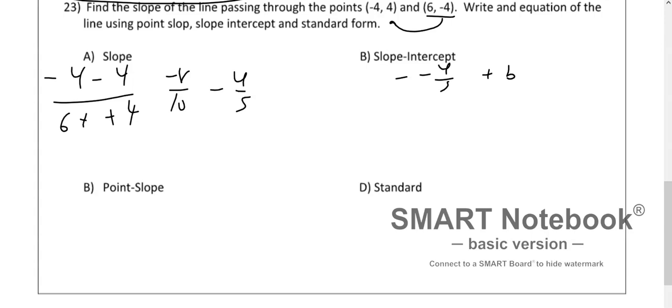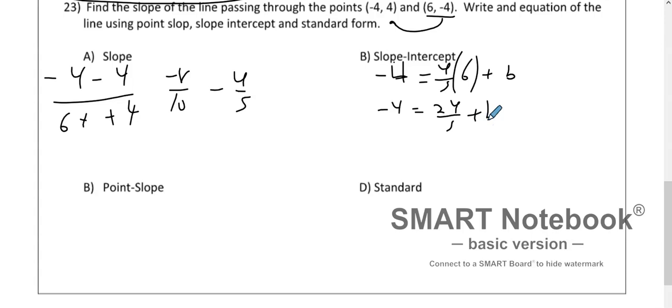So y, I'm going to take the same point, negative 4. 4 fifths times x, which is 6, plus b. Okay. So when I do this, I get negative 4 equals 24 over 5 plus b.